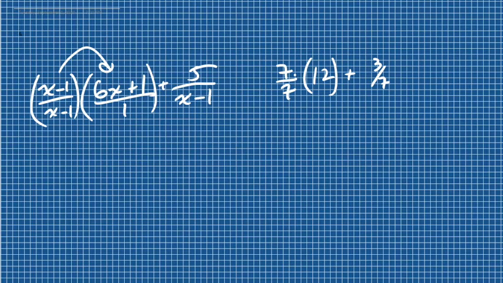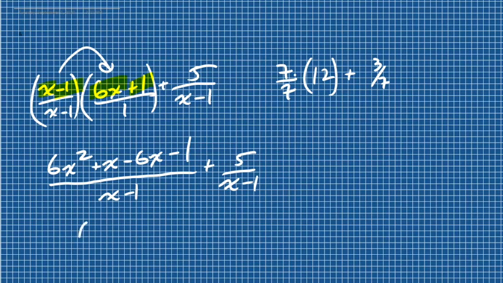so I'd multiply this by this, and to do that, I'd have to use a process called FOIL. So I'd multiply the firsts, and I'd get 6x squared, and then I'd multiply x by 1, so plus x, then the insides, which would be negative 1 and 6x, so I get negative 6x minus 1, and that would all be over x minus 1, and then I get plus 5 over x minus 1.